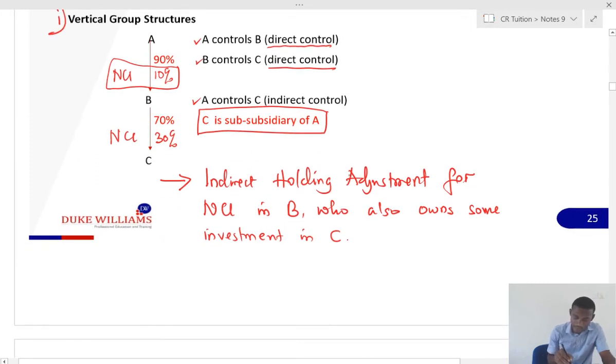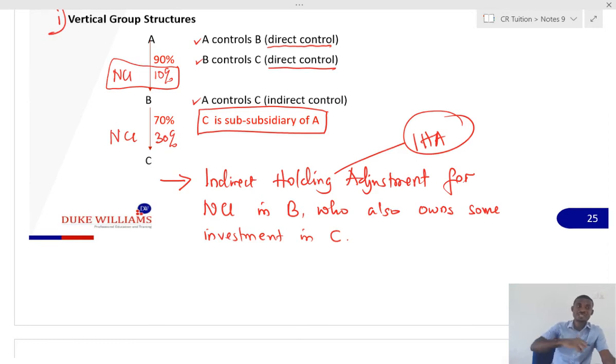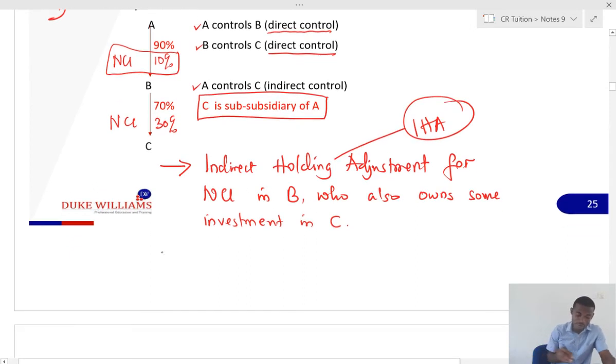And the indirect holding adjustment, we short it as IHA. And it's a very important concept that you should not miss. And we're saying that the indirect holding adjustment is to take out how much the NCI in B also owns in C. So what we would often do is to look at how much consideration.